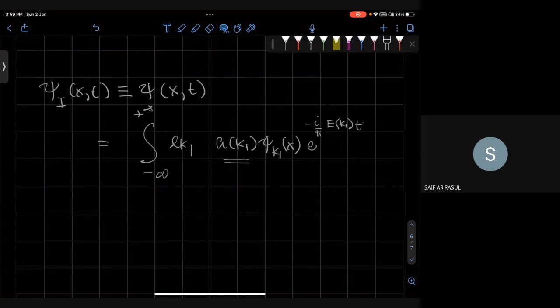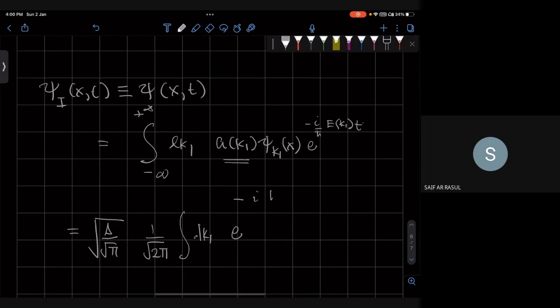So now what we have is delta over square root of pi, the whole thing under a square root, times 1 over square root of 2 pi, and then the integral over dk1, and then we have e to the power minus i h bar k1 squared divided by 2mt. So this is basically this guy. What we have done is just written the expression for E explicitly, okay?